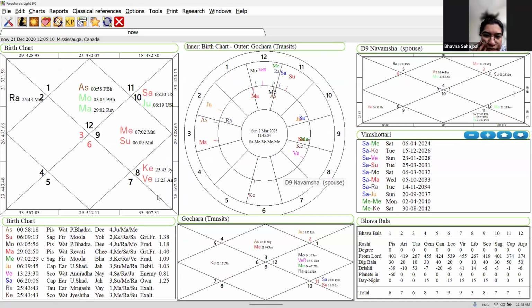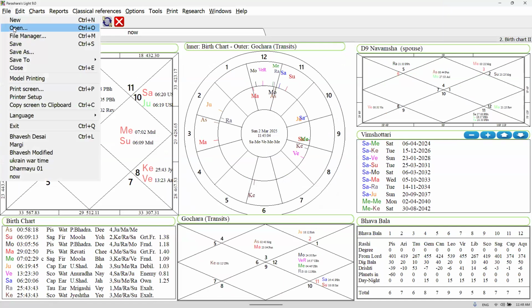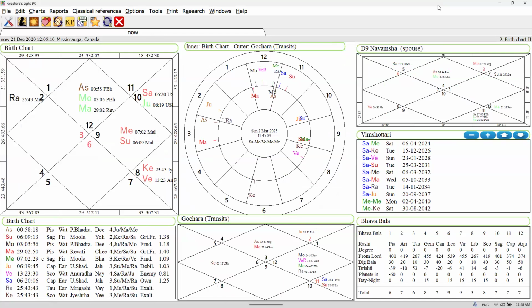Oh, it's perfect. Yeah, I did open. Whose chart is this? It's nothing right now, not a person. You want me to open some? Okay, no, that's fine, we don't need it. I was just thinking.